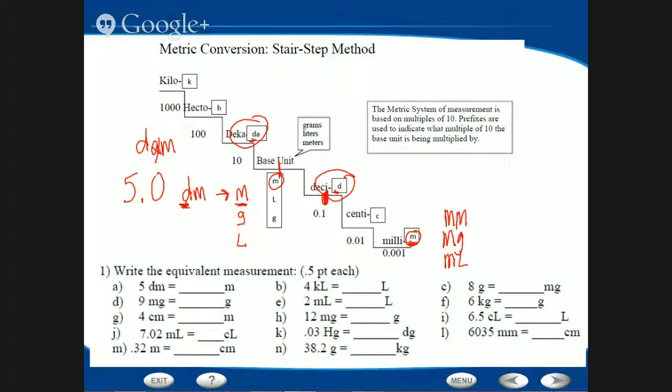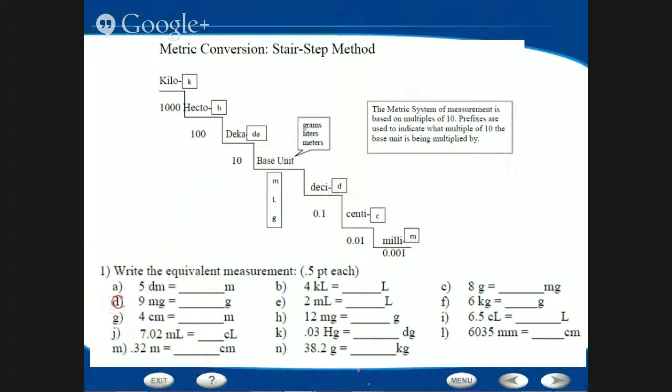That is the only time you would use that M. But when it's by itself, you always go to the middle. So I start here and I go to the left once. So my answer is 0.5 meters. Done. Simple as that. Okay, let's try another one.